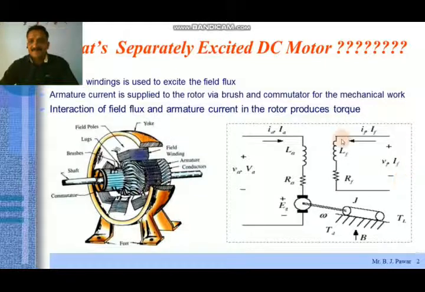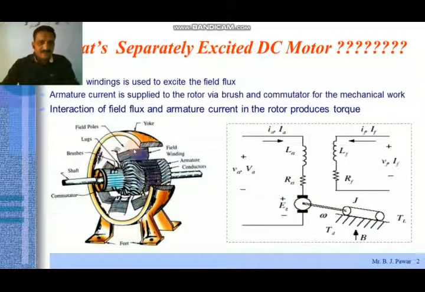The field winding is stationary, while the rotor winding moves with the rotor. Armature current is supplied to the rotor via brush and commutator for the mechanical work, and the interaction of the field flux and the armature current in the rotor produces the torque.